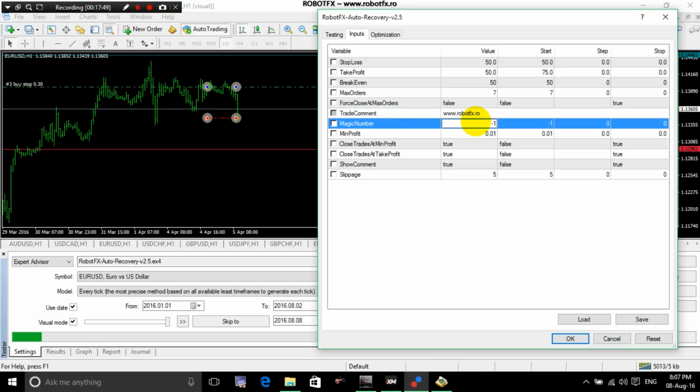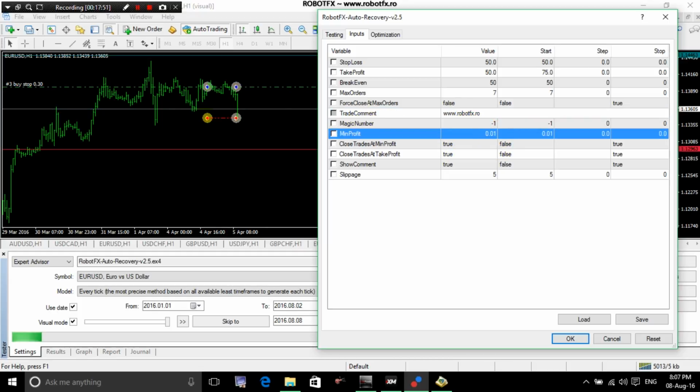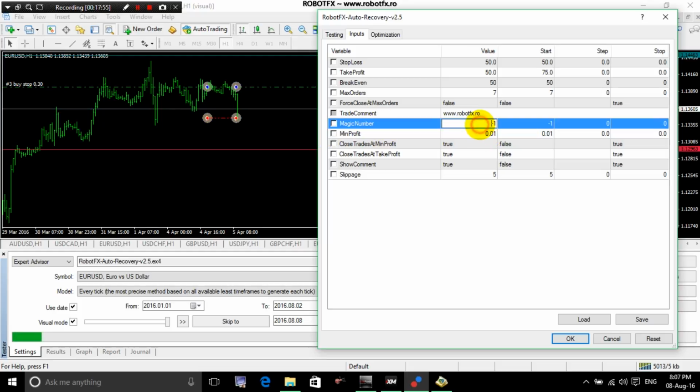The magic number, set this to -1 by default, or set it to any other magic number that is, let's say, used by any expert advisor that you use to open trades.